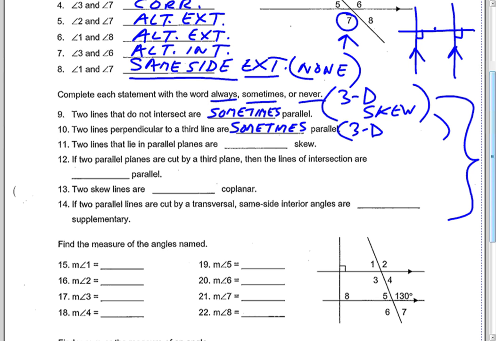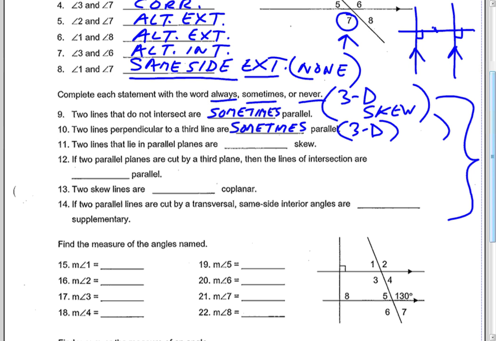If you allow for something to be perpendicular in a three-dimensional space, then your answer would be sometimes. So if I'm thinking 3D, I'm thinking sometimes, because I could have something coming into the board that's also perpendicular, but it's not necessarily parallel to the other two lines.